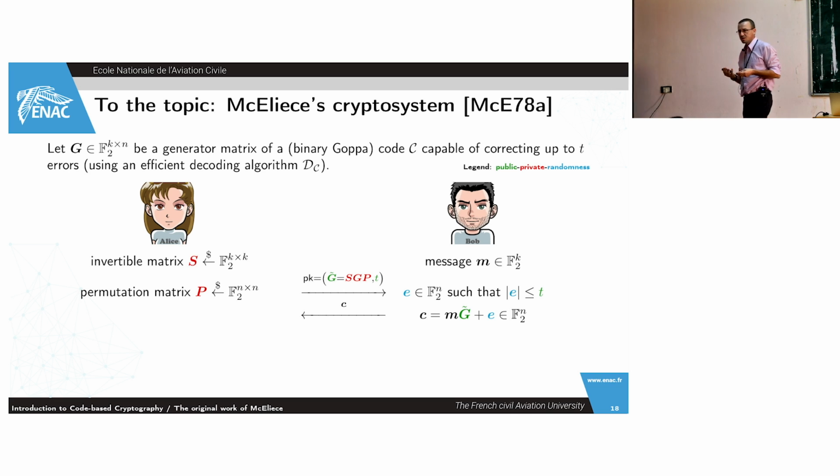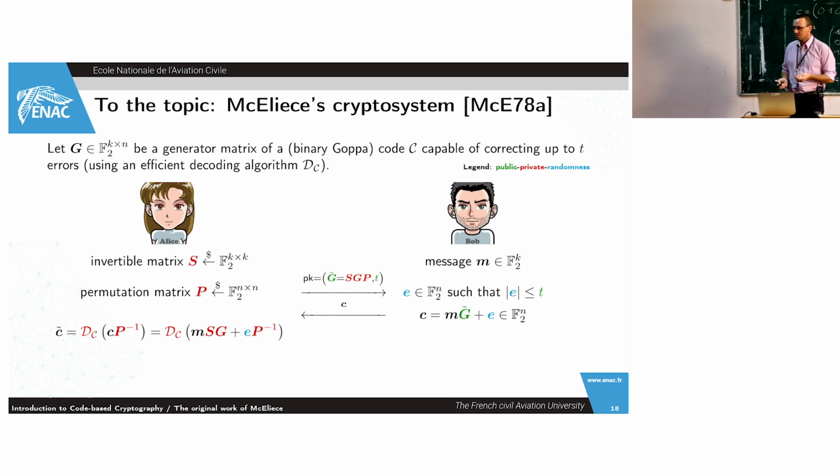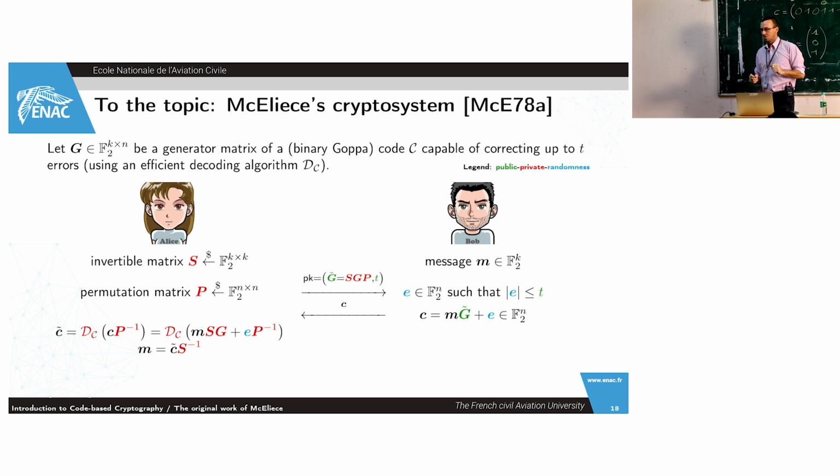If I have a legitimate Bob that correctly follows the encryption algorithm, he sends C to Alice, and Alice correctly follows the decryption algorithm, is she going to find the original message of Bob? In other words, is the scheme correct? Do you have any idea? Maybe we can discuss a bit about this.